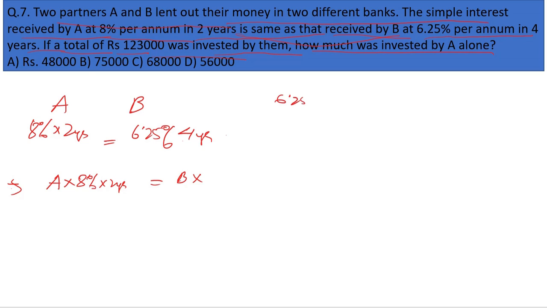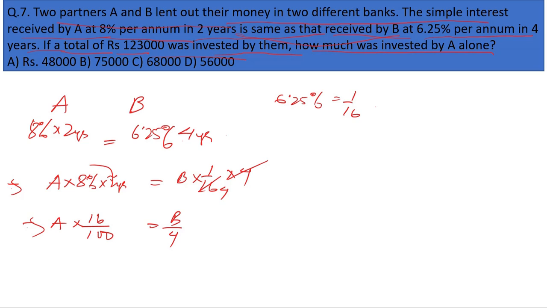Here 6.25% is equal to 1 by 16. So 1 by 16 into 4. Again, A into 8 into 2 by 100 equals B by 4. We have 4 into 25 by 100, so A by B is equal to 25 by 16.